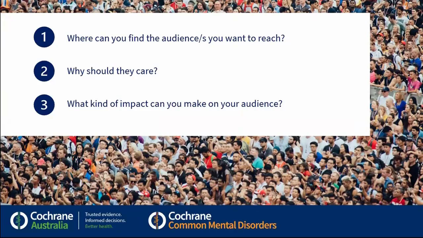It's thinking about not just what audience you're trying to reach, but where that audience hangs out. Where do your audiences hang out that you want to reach? And start to think about those intermediaries, how you're going to reach your audience. So when we start thinking about our audiences, it's important to think about that as well.